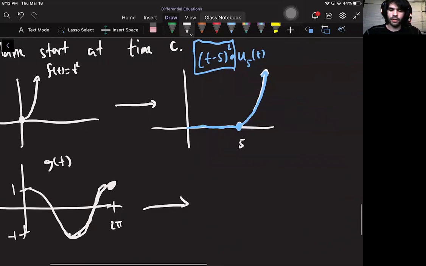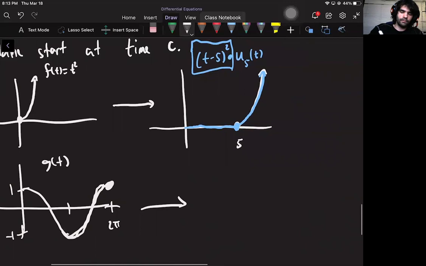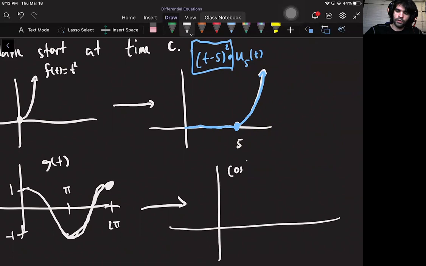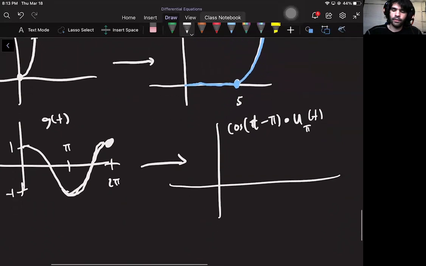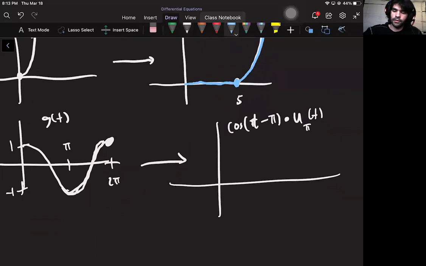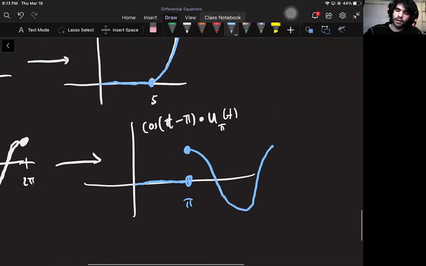So if I said, well, I want it to start at pi instead, then if I just shift cosine by subtracting pi and multiplying by the step function at pi, then what will happen is it'll be 0, 0, 0, 0 until you get to pi. And then it'll jump up and become cosine. So I guess now this would be 3 pi.